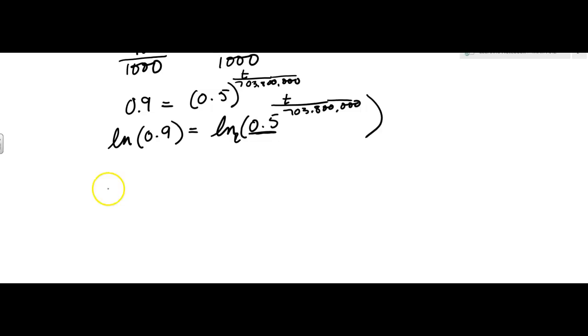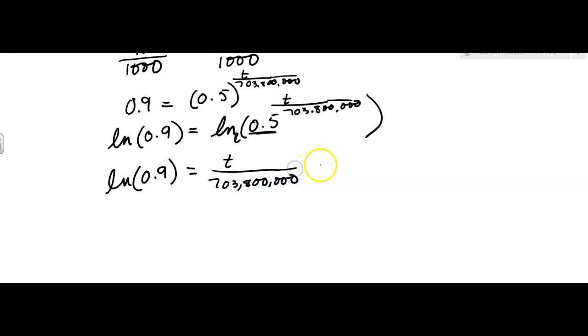But what we can do is bring that exponent down in front, times the natural log of 0.5. The denominator's got a lot of digits in it, we'll say that.